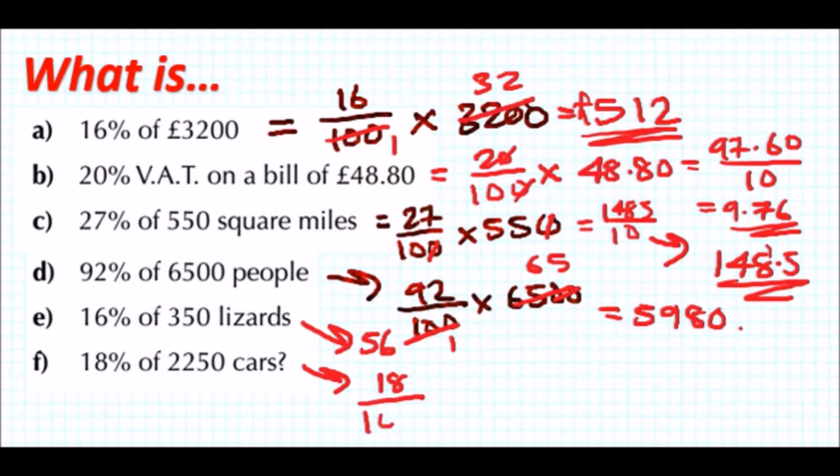I might as well just do this. 18 over 100 times 2250. Cancelling a 0 each, or dividing by 10, you've got 18 over 10 times this amount. You can cross simplify this one, but it's better not to. Actually, it's better to do it. Halving both, you get 9 over 5.